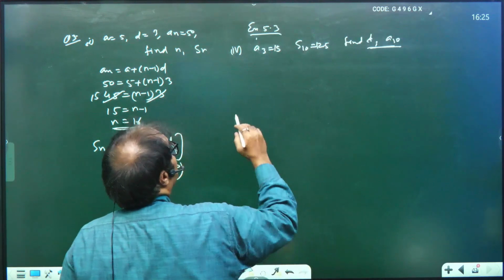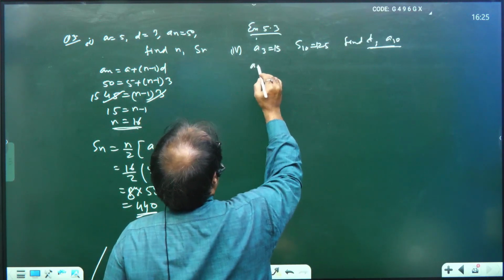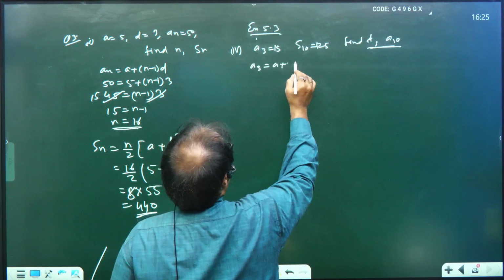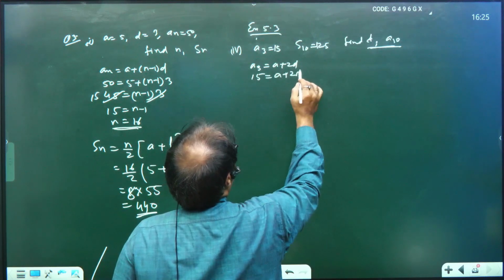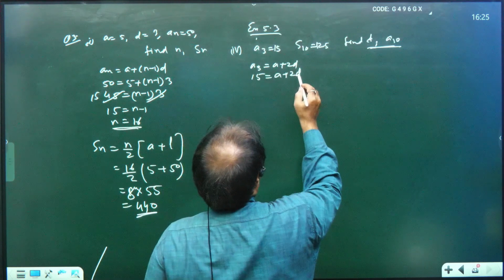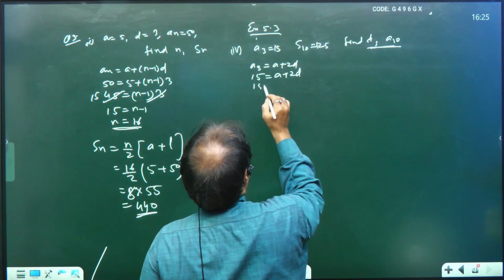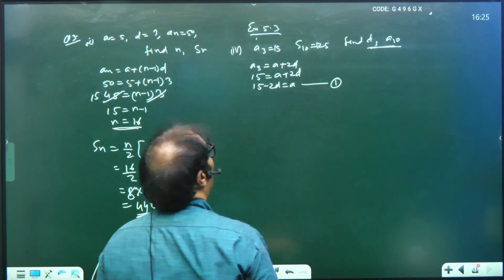Okay, so a3 is given. So a3 means a plus 2d, and 15 is equal to a plus 2d. Okay, so find the value of a. So 15 minus 2d is equal to a, put it in relation.